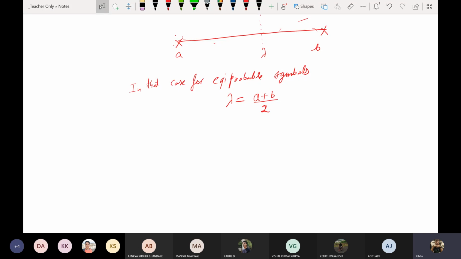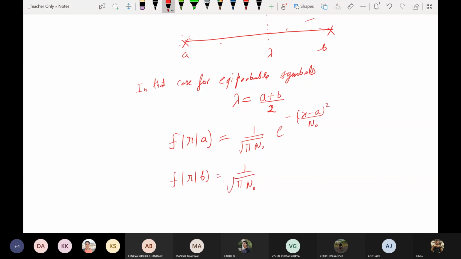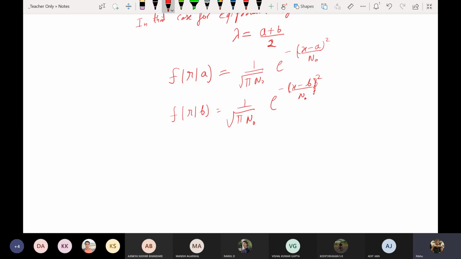The point I want to emphasize is what happens if R given A is, right, these will be there.